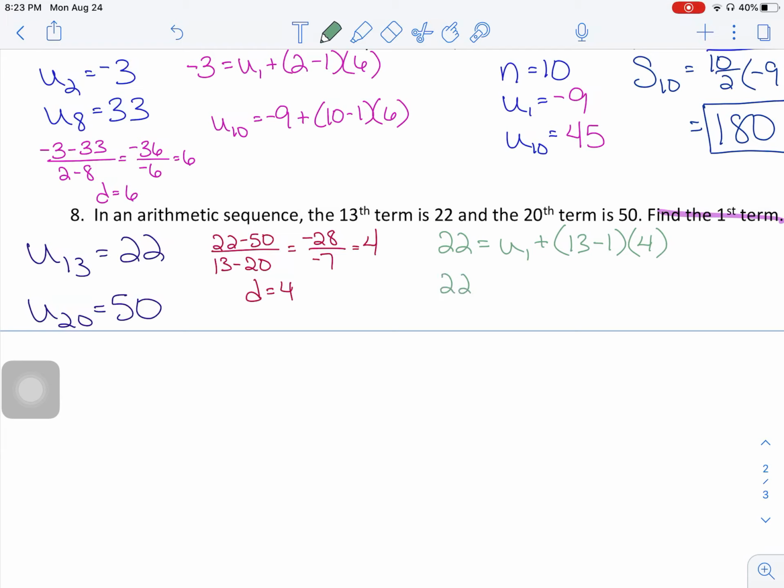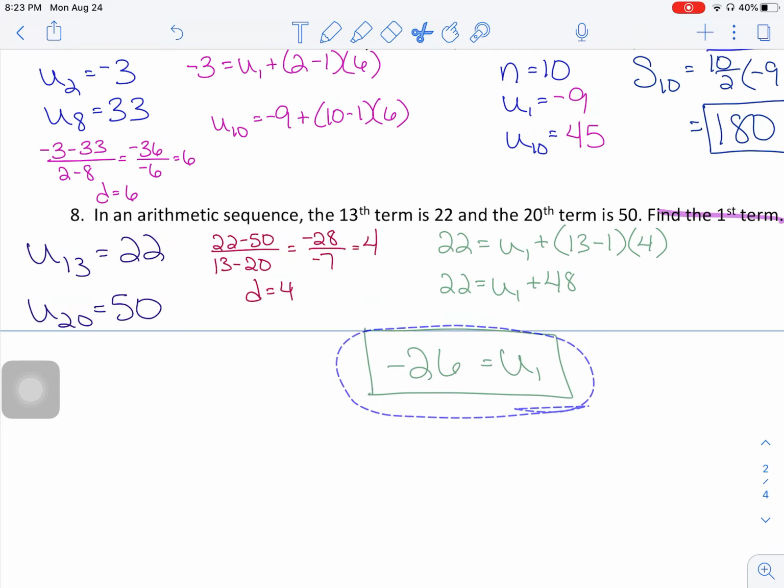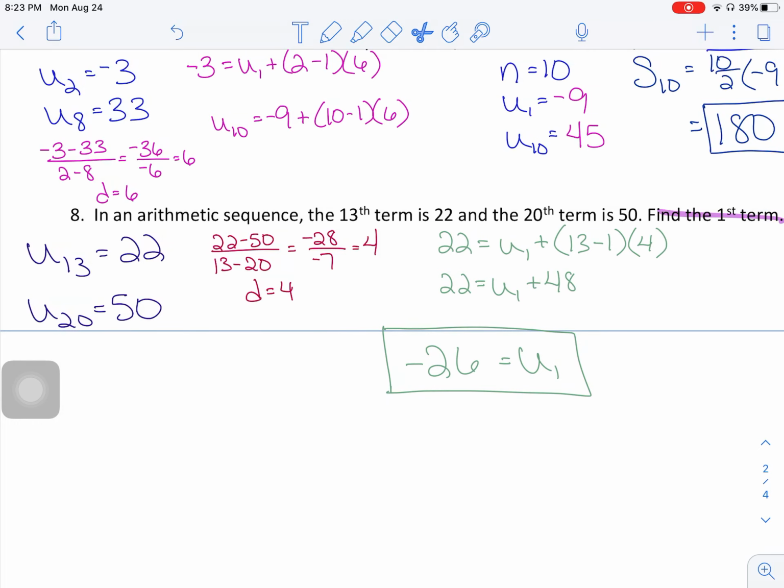So 22 is equal to u sub 1 plus 13 minus 1, which is 12. 12 times 4 should be 48. Do a little subtraction from both sides, and I'm getting a u sub 1 value of negative 26. I'm going to go ahead and slide that down just a touch so that you can actually see it and not see the bar of the page.